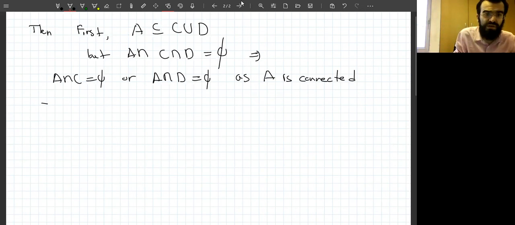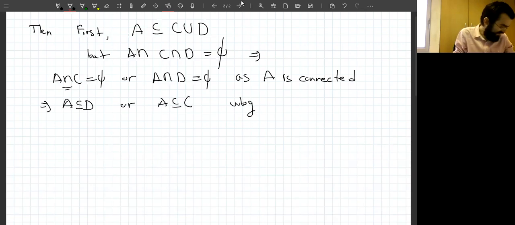If A intersection C is empty, we have A contained in D. Or from here, A contained in C. Without loss of generality, assume A contained in D.